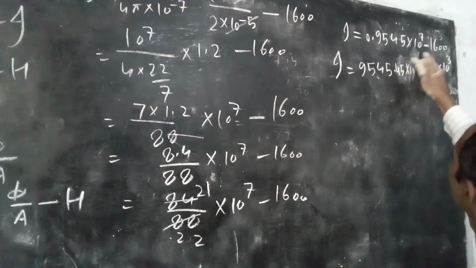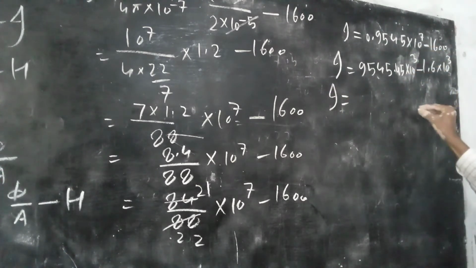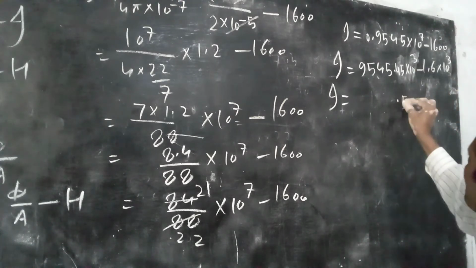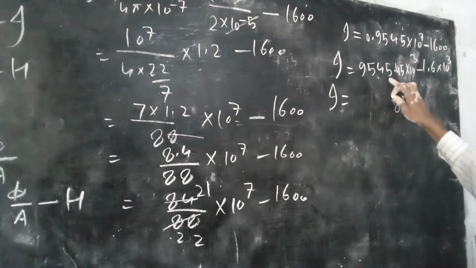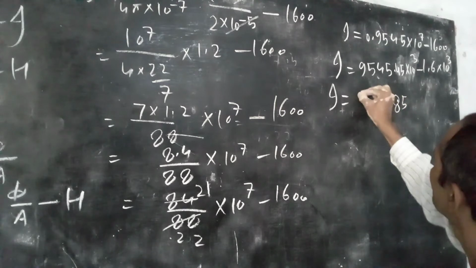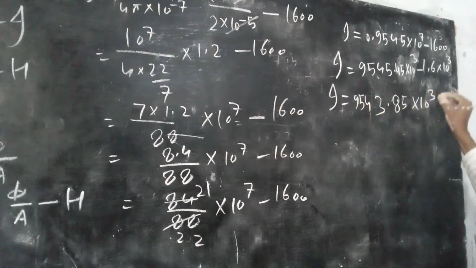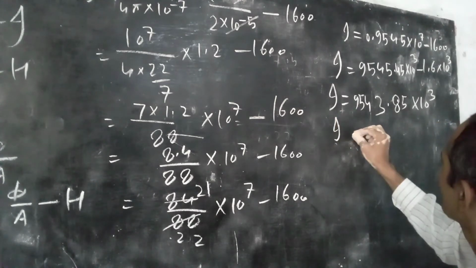Now subtract. Then you get I is equal to 9.54 into 10 raised power 3. So this is your intensity of magnetization. So you can write this.